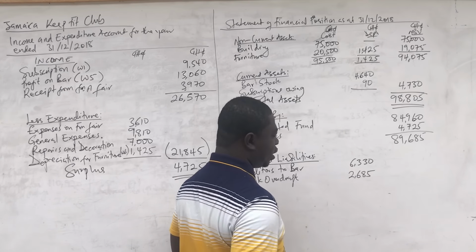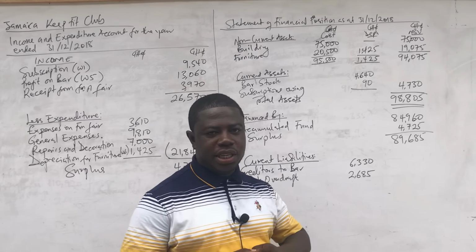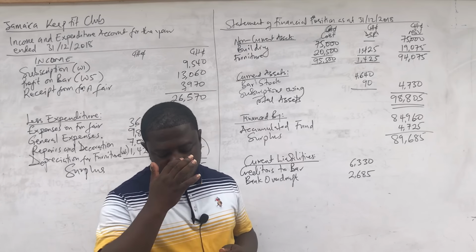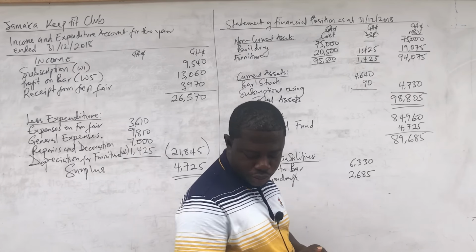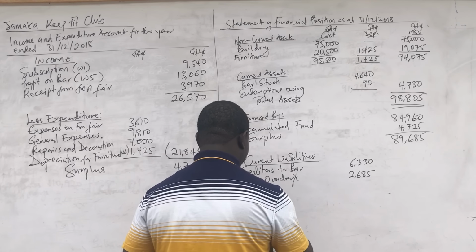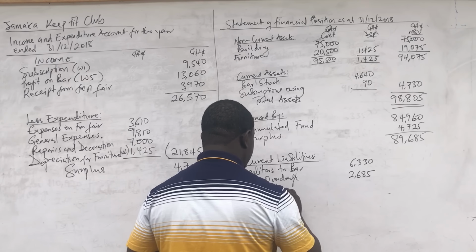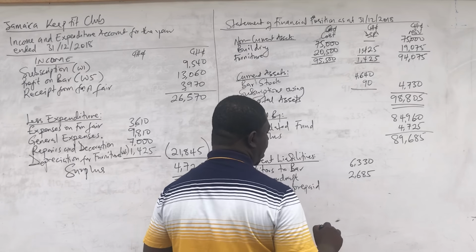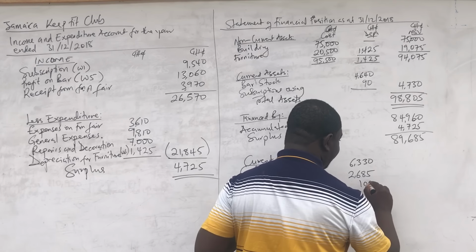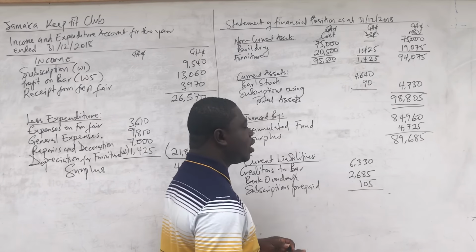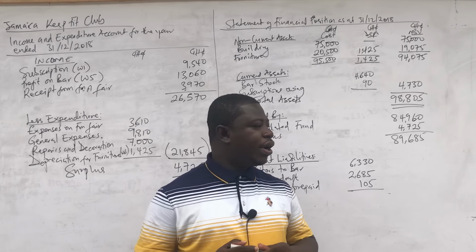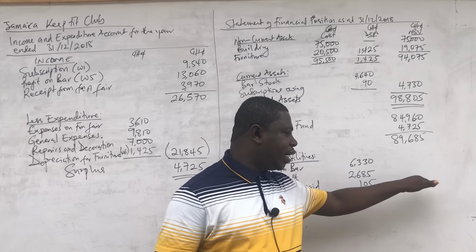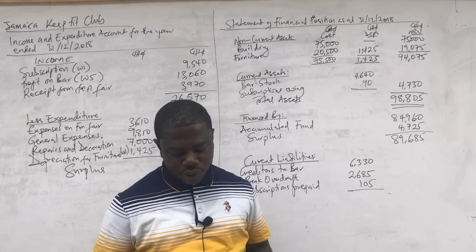So 2,685 comes as a bank overdraft. And then finally, we are going to bring the subscription prepaid, or subscription paid in advance. So subscriptions prepaid, and the closing balance is 105 Ghana cedis. So when we add these three, we are going to put the total here, and then add it up to the equity portion.